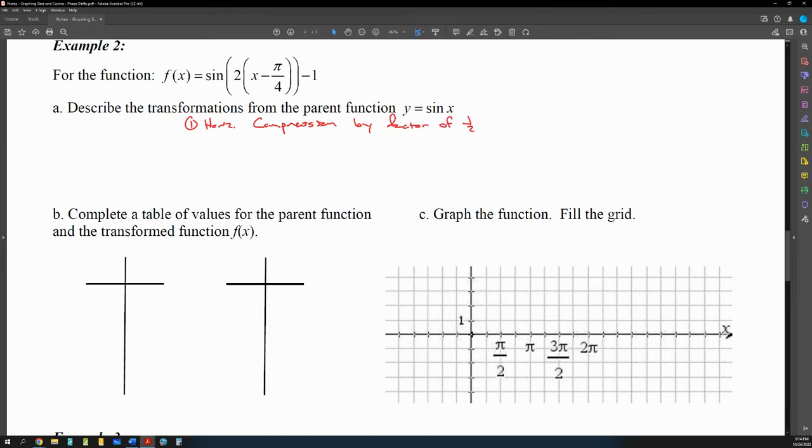Next is that horizontal shift, right pi fourths units. Okay. And then our last transformation is that vertical shift, down 1 unit.